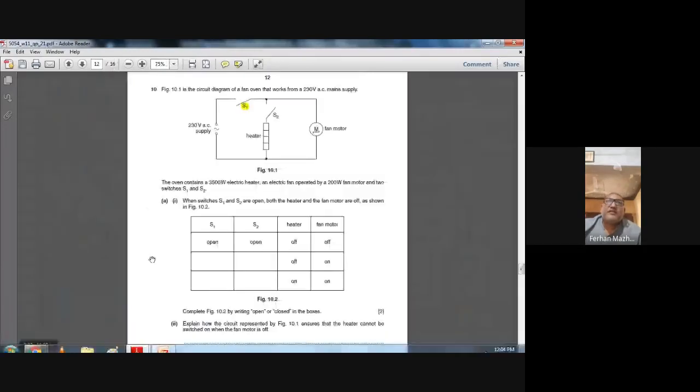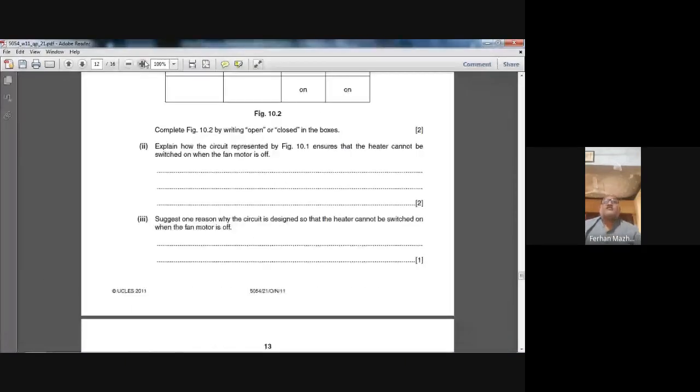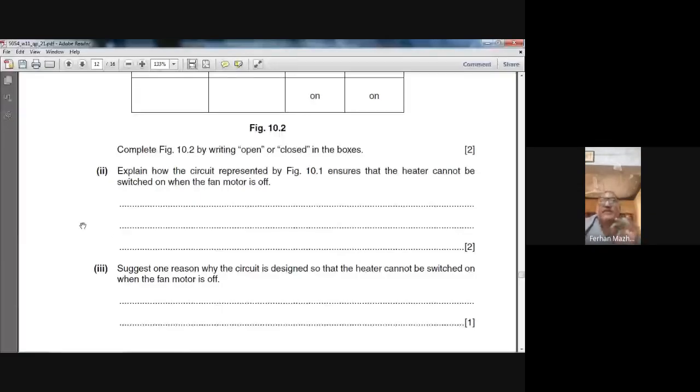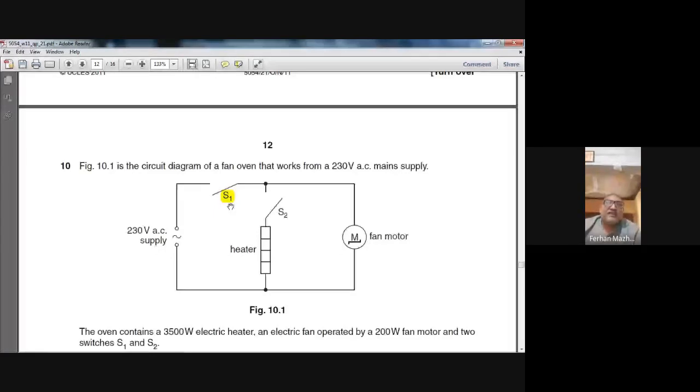Let's move to the next part. Explain how the circuit represented by figure 10.1 ensures that the heater cannot be switched on when the fan motor is off. The fan motor is operated by S1. If the fan is off, the heater cannot be switched on, because the current for the fan is coming from the switch S1.